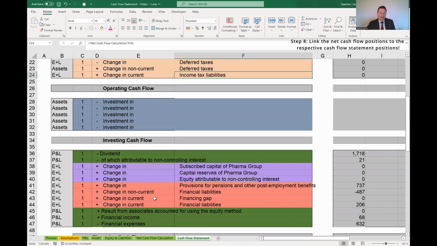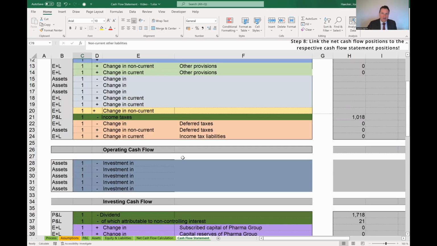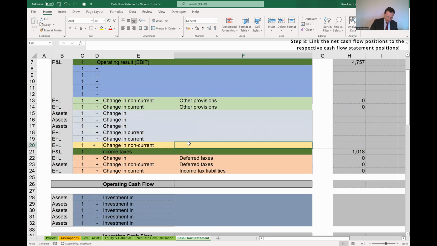Done. So I'm done with the asset side, the liability sides of the deferred taxes, and the income tax liabilities. Next step, I'm moving forward to the non-current other liabilities. Where is this? Well, I plug it in here. Non-current other liabilities. Let's have a look.